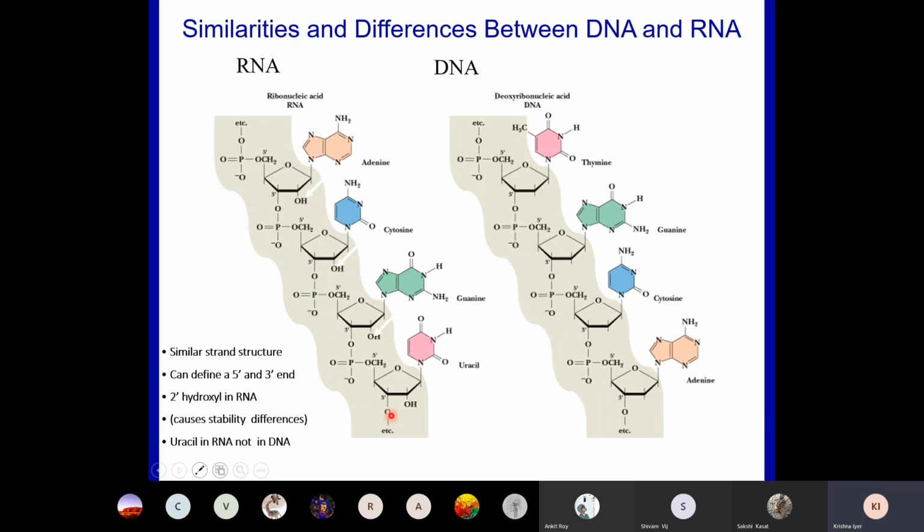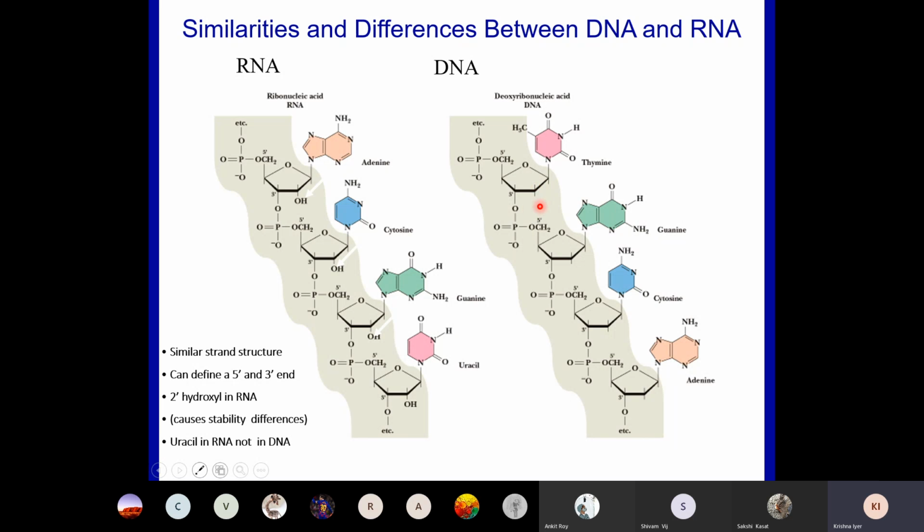Now the second part is, in RNA there is an OH present at the 2' position of the sugar, and that is why it is called a ribose entity, and therefore the term ribonucleic acid. In contrast, DNA does not have an OH group at the 2' position.